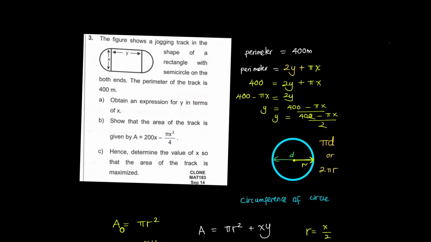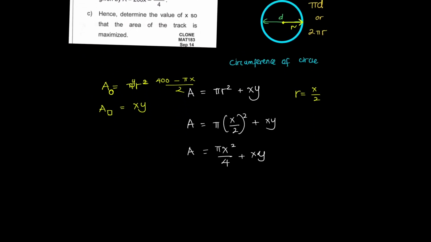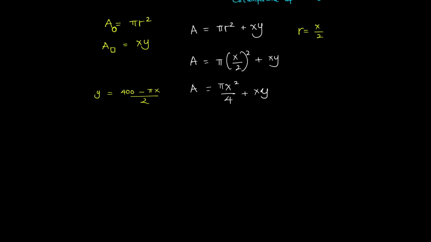So we will get this equation right here, and then we need to substitute that y. So we rewrite this equation as x multiplied by (400 minus pi x) divided by 2.